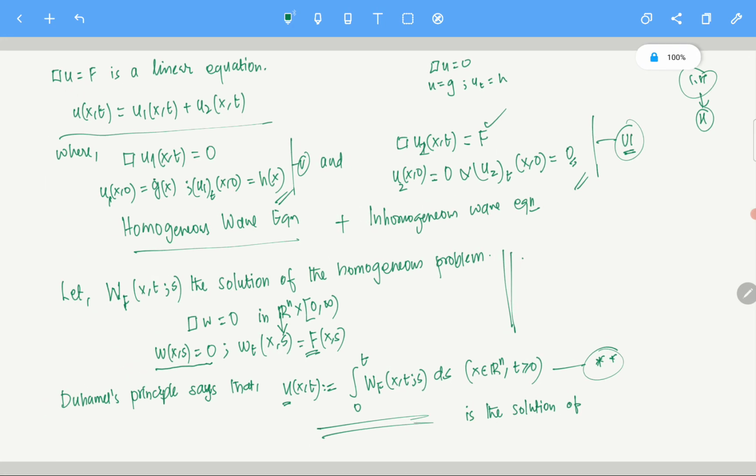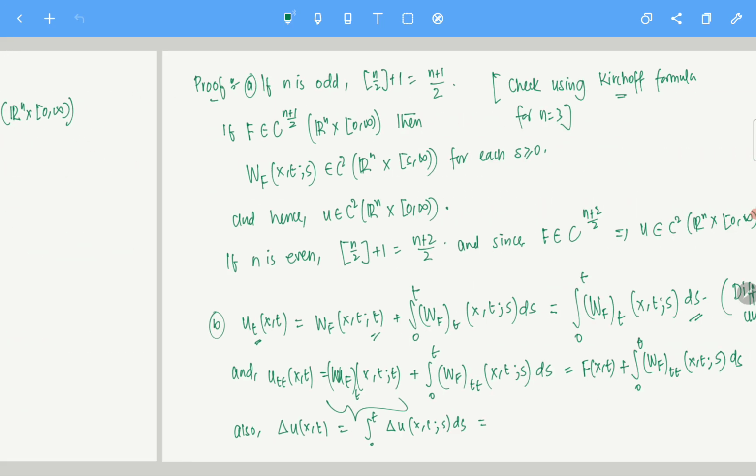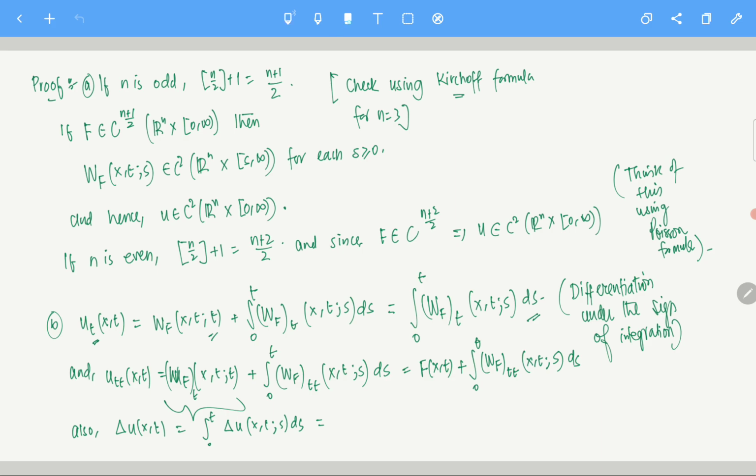The D'Alembertian of W is W_tt minus the Laplacian of W. So the D'Alembertian of W_f, which is W_f with respect to double derivative tt minus the Laplacian of W_f, is 0. That is given to us. Here I have to change it a little bit.